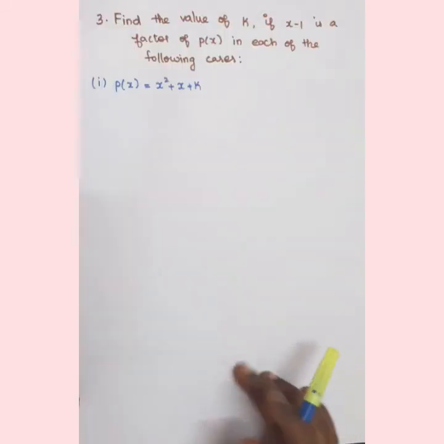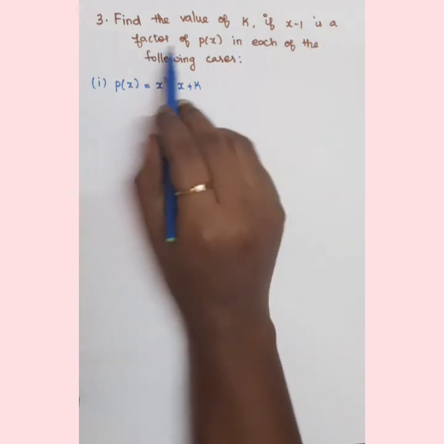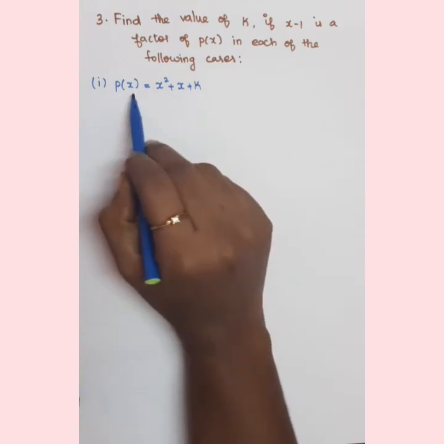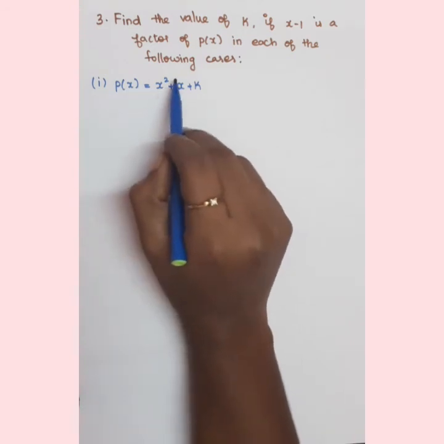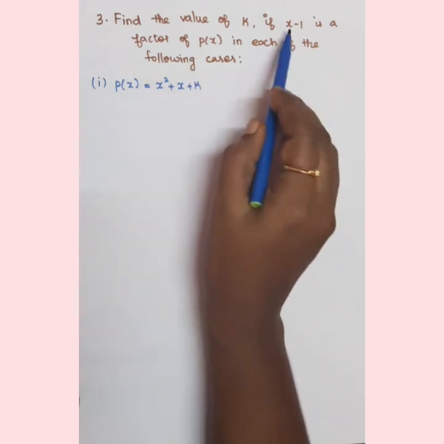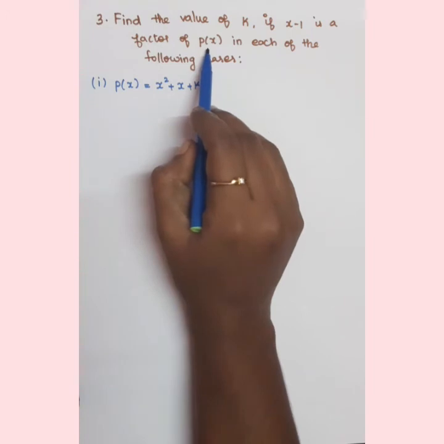We will solve the third problem. Find the value of k if x minus 1 is a factor of p of x in each of the following cases. The first problem is p of x equals x squared plus x plus k. So here they have given g of x, that is x minus 1, is a factor.